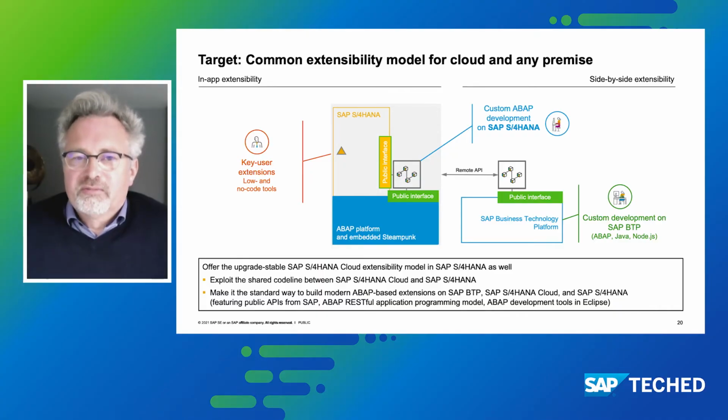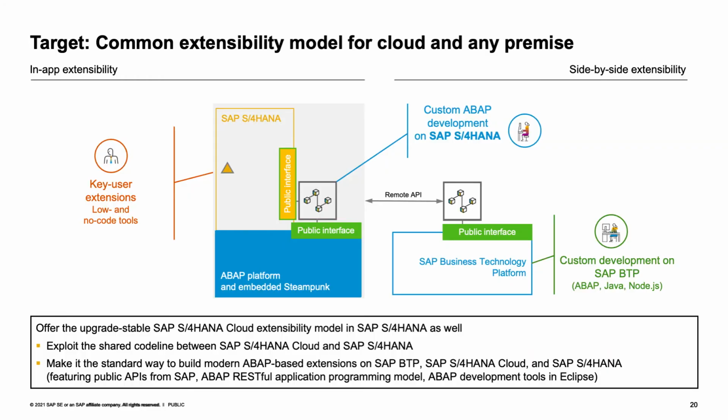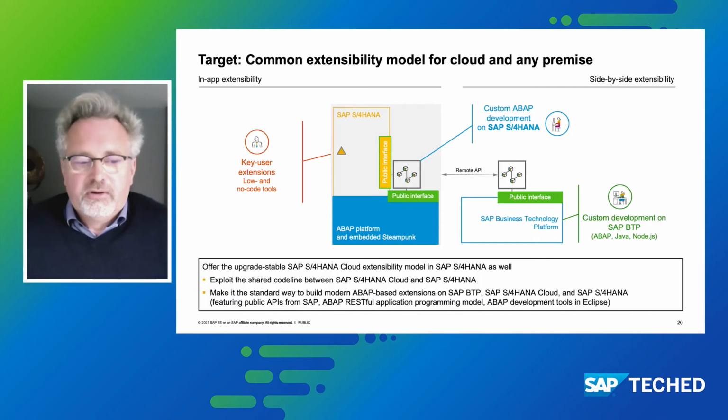Of course, what we have in mind there is that there can be a shared code line both for SAP S/4HANA and for SAP S/4HANA Cloud. We feel it's a very good way to make it a standard way to build modern ABAP-based extensions, either on SAP BTP, on S/4HANA Cloud, or on S/4HANA on any premise. So this is what we have in mind here for the future.